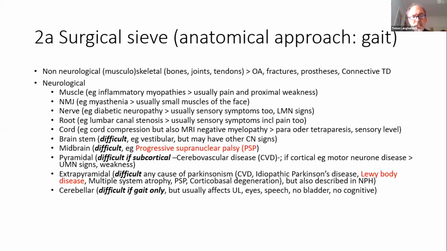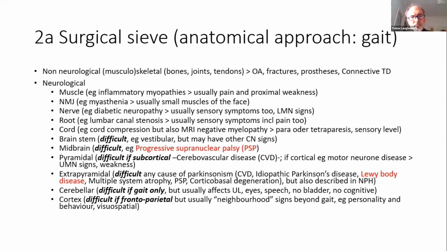Now, cerebellar disease is really only difficult if it affects gait only. Normally, cerebellar disease also causes problems with the upper limbs, with the eyes, with speech, and they don't have bladder problems or cognitive problems typically, so it shouldn't be too difficult to differentiate.